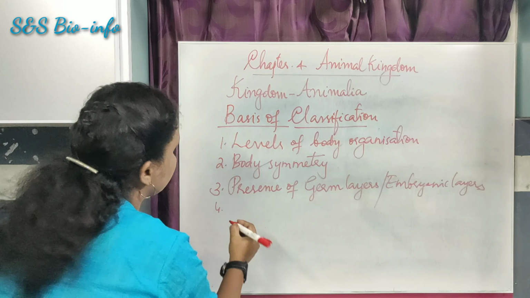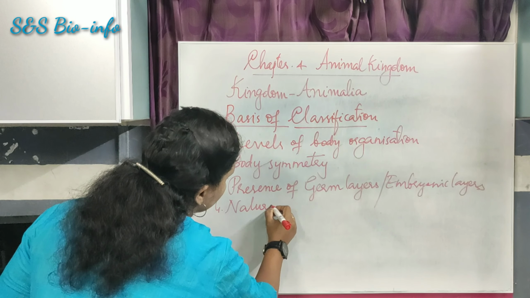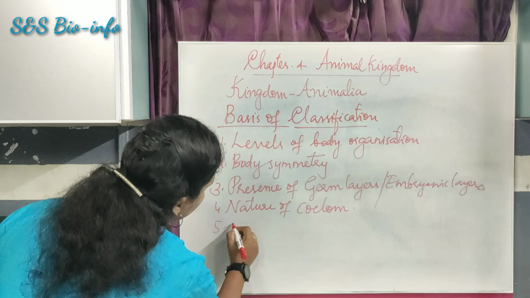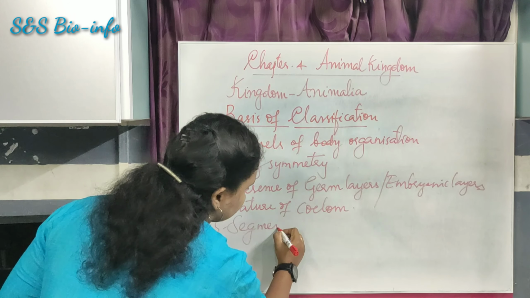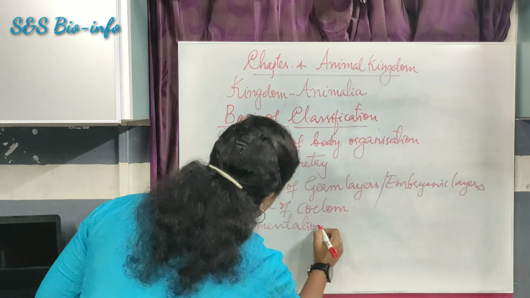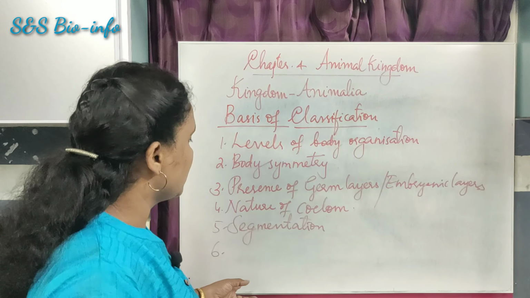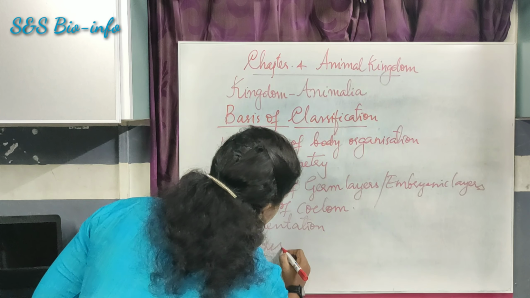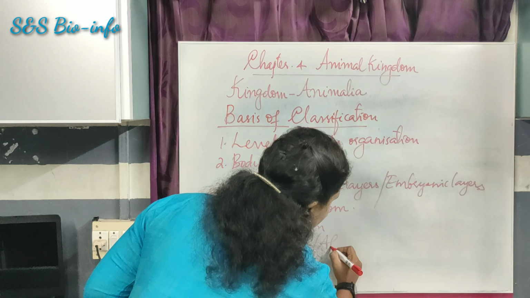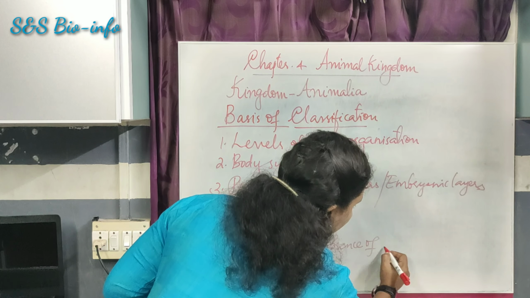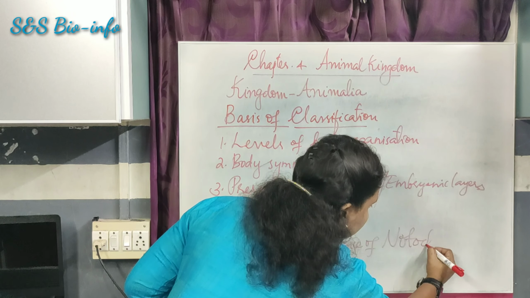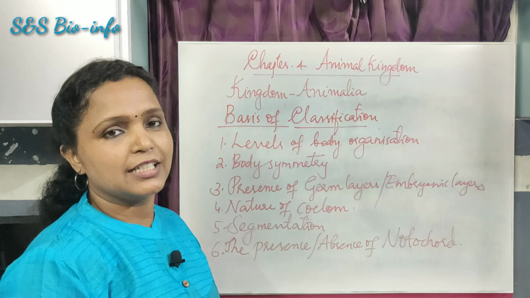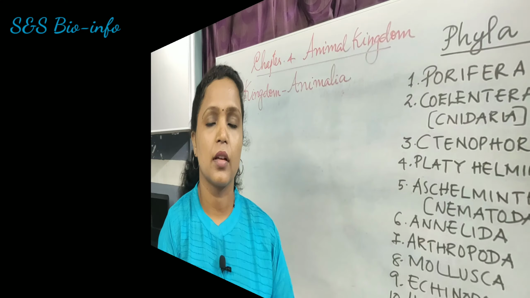Fourth one, nature of coelom. Fifth one, segmentation. Sixth one, the presence or absence of notochord. Okay, these are the basis of classification of Kingdom Animalia.